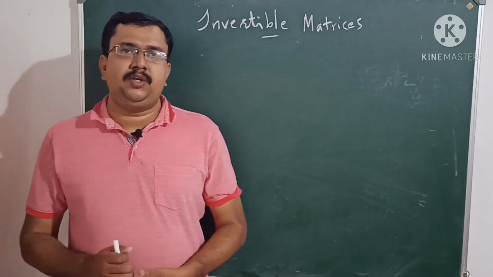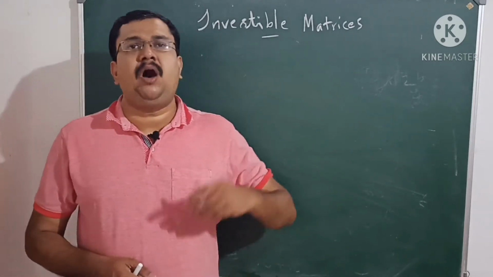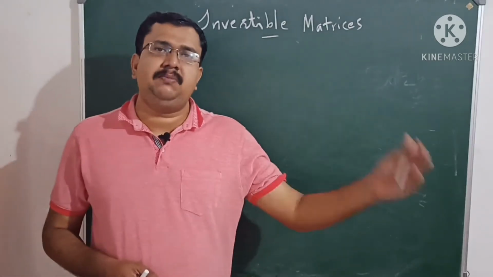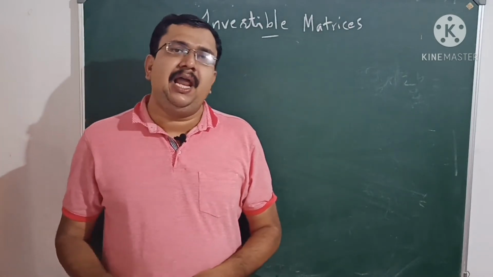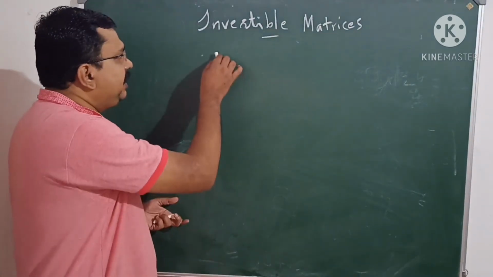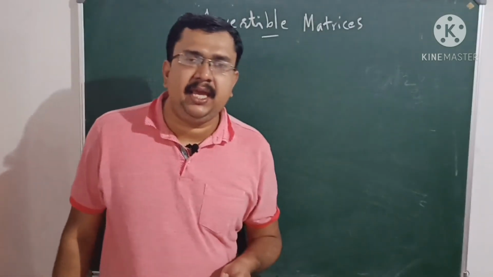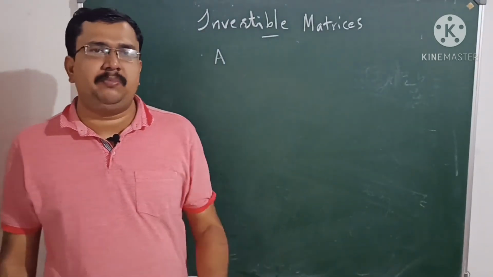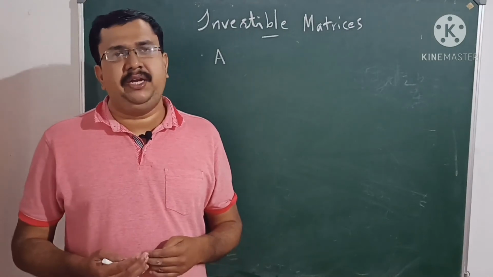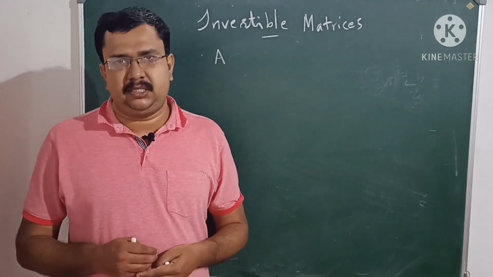Now we are moving to our next section, that is how to find out an invertible matrix. Okay. Let us suppose that A is a square matrix. What is A? A is a square matrix. Now we want to find out an invertible matrix.